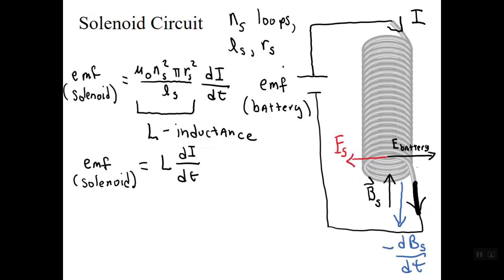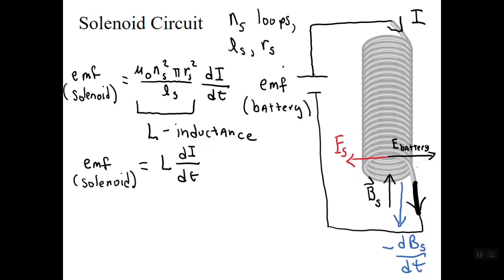Note that this is in the opposite direction of the electric field caused by the battery plus the surface charge gradients on the circuit. In effect, the solenoid's EMF is opposing the EMF of the battery for this particular situation.